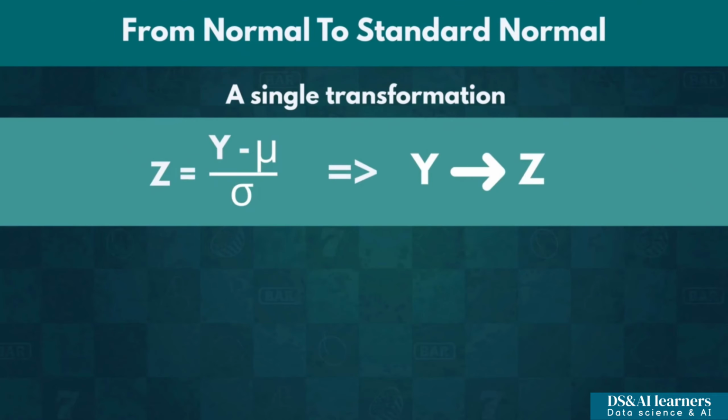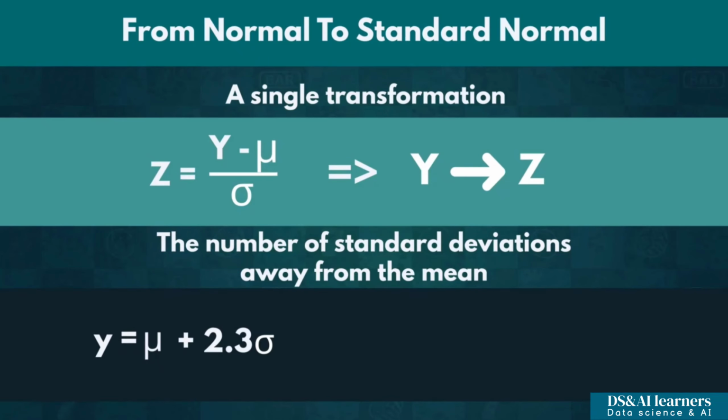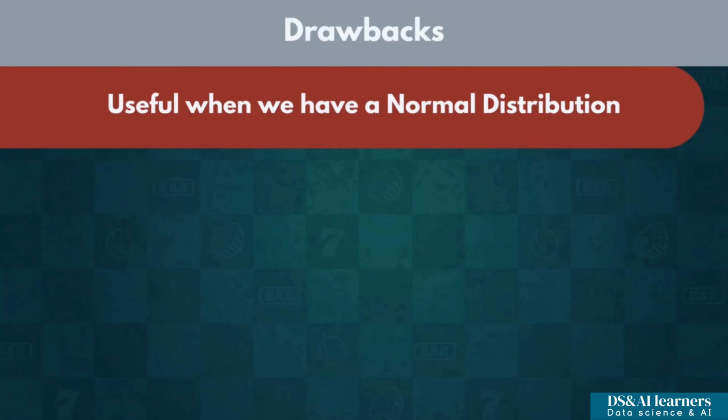Essentially, every element of the non-standardized distribution is represented in the new distribution by the number of standard deviations it is away from the mean. For instance, if a value y is 2.3 standard deviations away from the mean, its equivalent value z would be equal to 2.3. Standardizing is incredibly useful when we have a normal distribution.